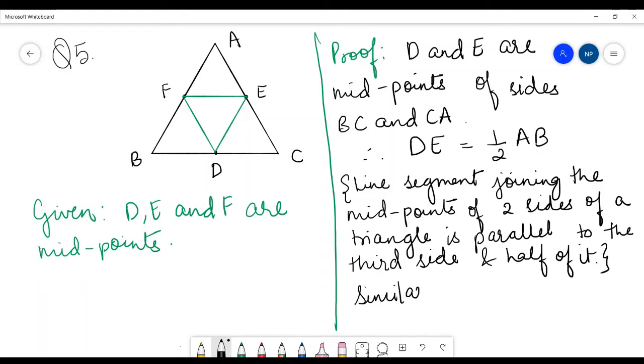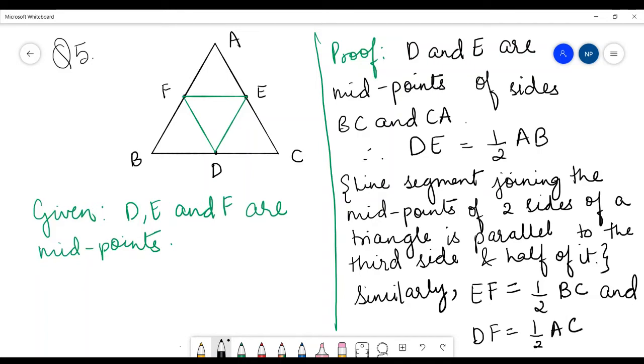Similarly, with respect to this, we can also state that EF, where is EF? This point, EF, okay? This line EF is half of BC, and we can also write DF, this particular line is parallel to AC, so we can write DF is half of AC.